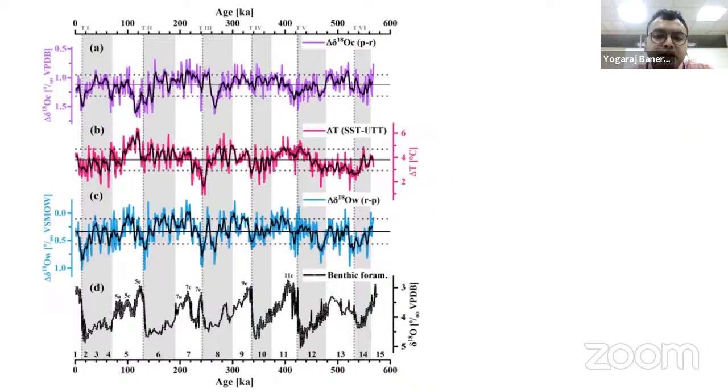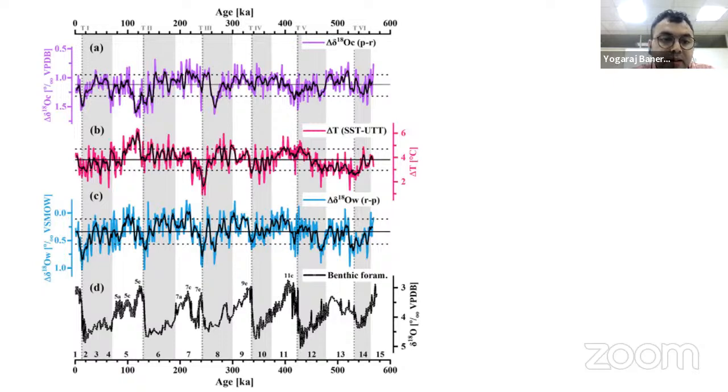Now we are seeing the differences between the ruber and the Pulleniatina record. Panel A represents the differences in the delta 18 O of the carbonate compositions, that is, the difference between Pulleniatina and ruber, and panel B represents the differences in the temperature reconstruction, SST minus UTT.